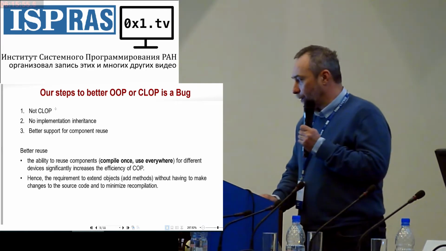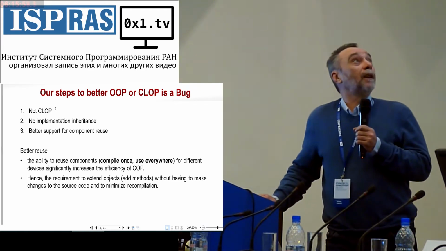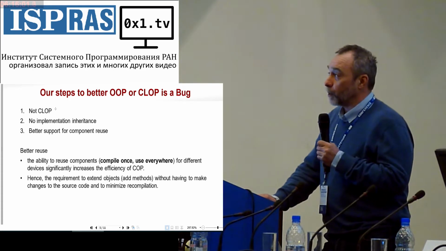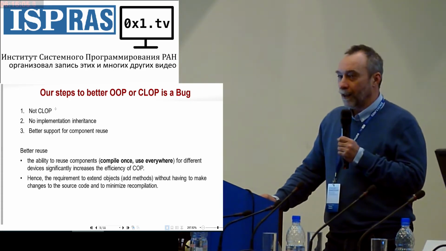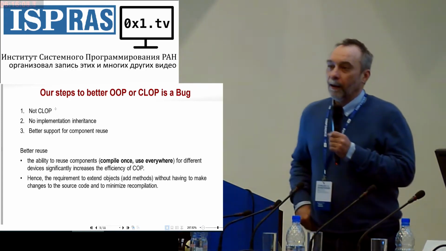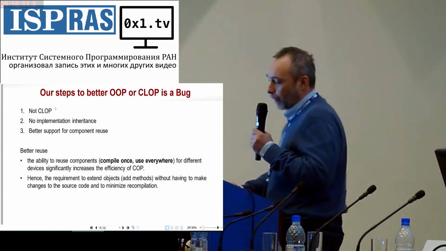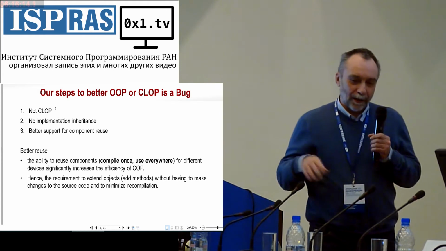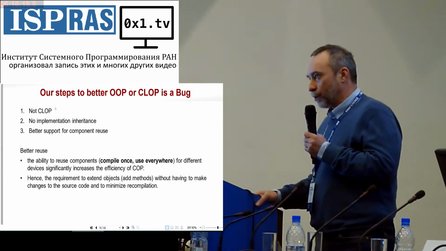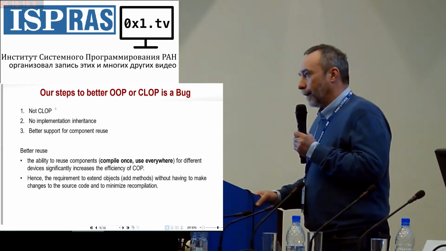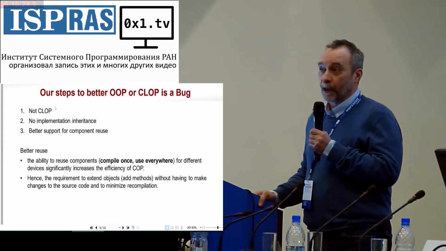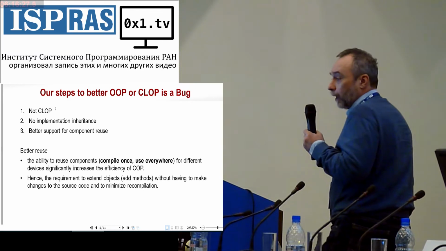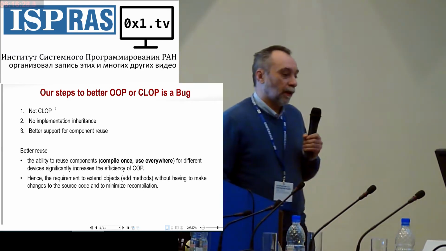So what we plan to do. The title has some wordplay: CLOP, C-L-O-P, is class-oriented programming. So this is the statement. The first specific condition of the language is that we don't need any classes. No CLOPs.